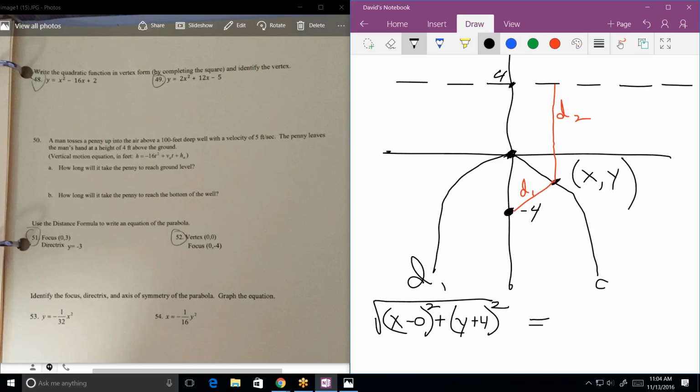What's D2? The same square root setup with x minus 0, x minus y minus 4. Well, D2, we know that y is negative, right?